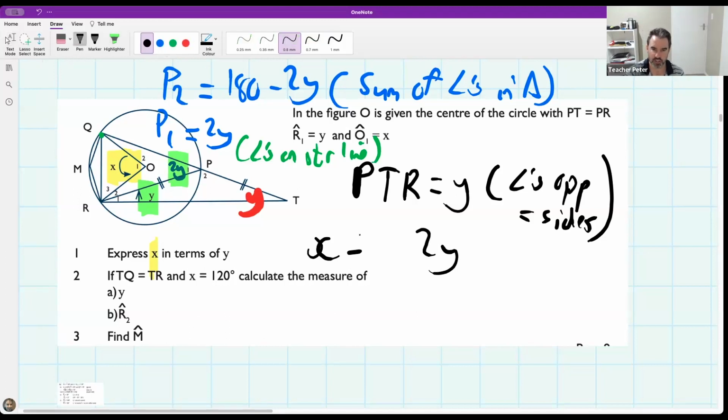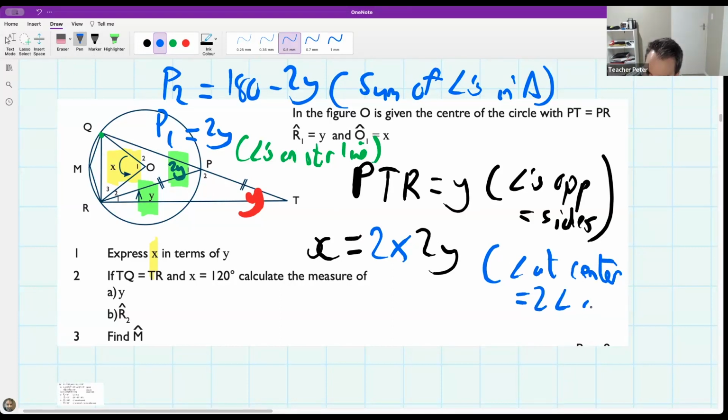So if I put an equal sign there, I need to say 2 times the small one is equal to x. And the reason is: angle at center equals twice angle at circumference.